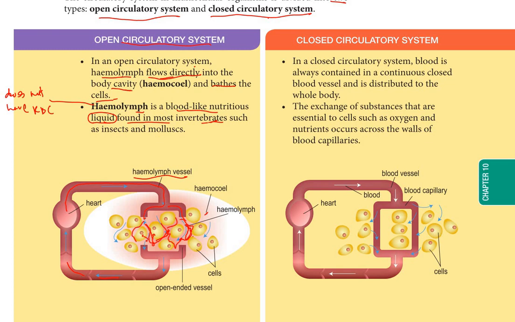Then at the same time, the hemolymph also will carry, for example, CO2 here. CO2 from the cell will diffuse into the hemolymph, and the hemolymph will flow back to the hemolymph vessel and carry the carbon dioxide back to the heart.